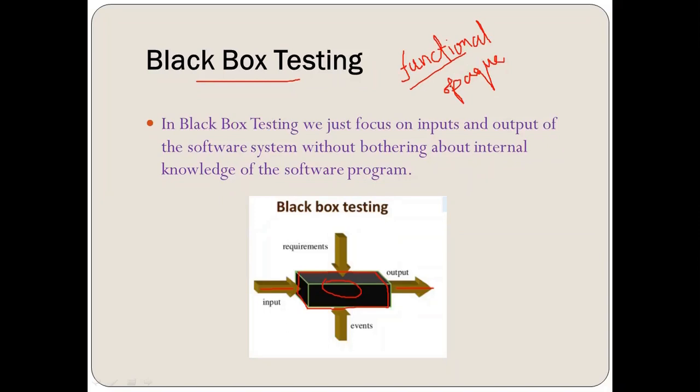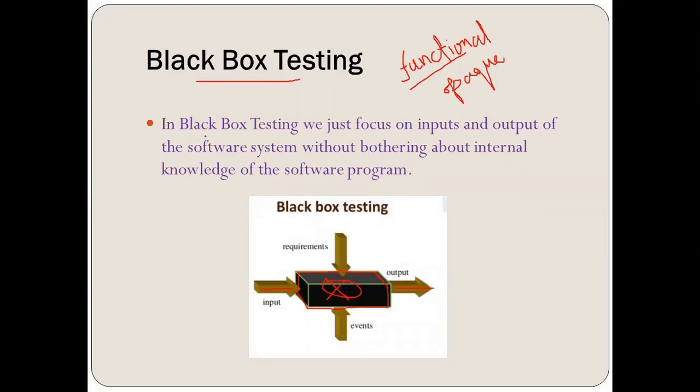Opaque means not transparent, right? That is why these names are given to black box testing, where I am not going to test the code. I am only going to check the functionality, whether I am getting the right output for a particular input or not, whether my system is working in the right direction.